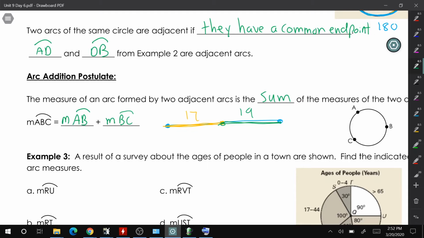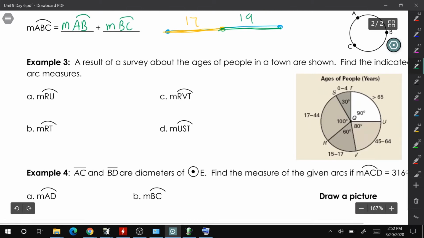Alright, so let's look at example 3. So we have a circle graph here, and the numbers on the outside, that's just part of the survey results. So don't get confused by those numbers 17 to 44, 15 to 17. Those are just the results of the survey. When we're looking at these problems, the measure of arc RU, okay, we're looking at the central angles.